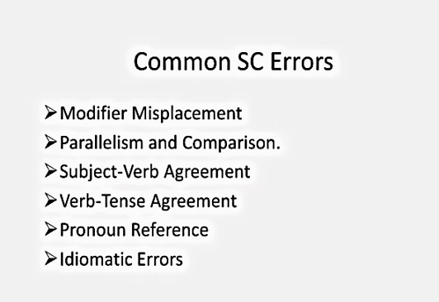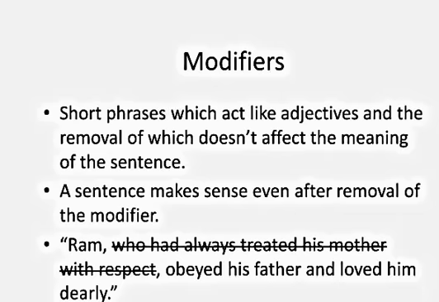That's where the real grammar starts, I guess. Then we are going to look at verb tense agreement. Then we are going to look at pronoun references, and finally we are going to look at idiomatic errors. And so these are the common sentence correction errors we'll talk about. So let's start with modifiers.